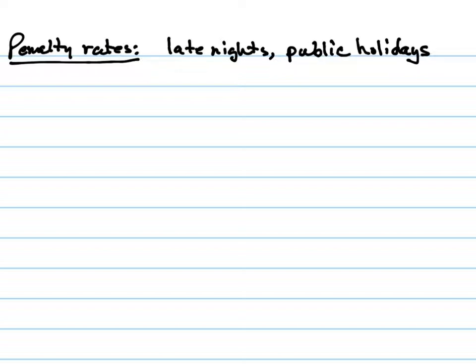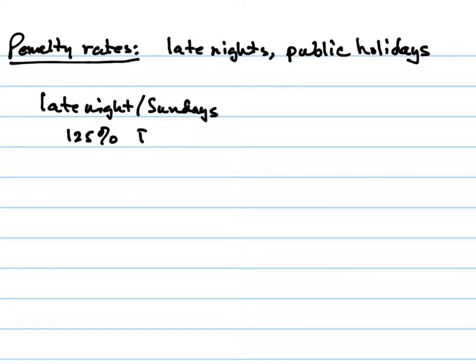All right, so let's just look at a couple of typical scenarios. First of all, for just late night and Sundays, we have late night and Sunday penalty rates, and they are 125% for full-time and part-time employees, and 150% for casuals.